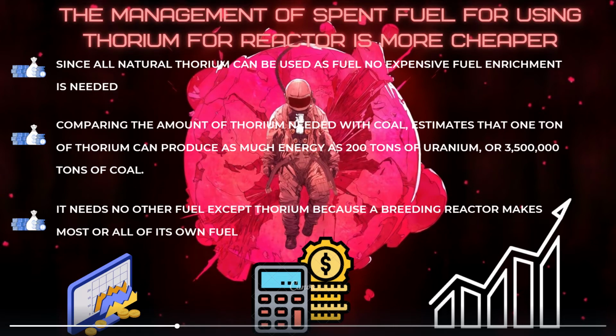According to the European Organization for Nuclear Research, 1 ton of thorium can produce as much energy as 200 tons of uranium or 3,500,000 tons of coal. According again to Moore and Teller, once a breeding reactor is started, it needs no other fuel except thorium because a breeding reactor makes most or all of its own fuel.